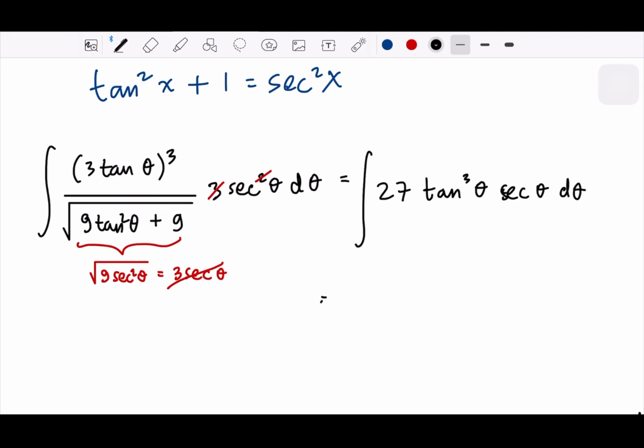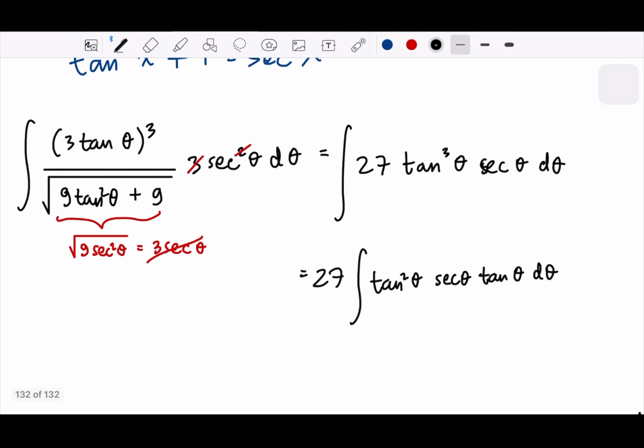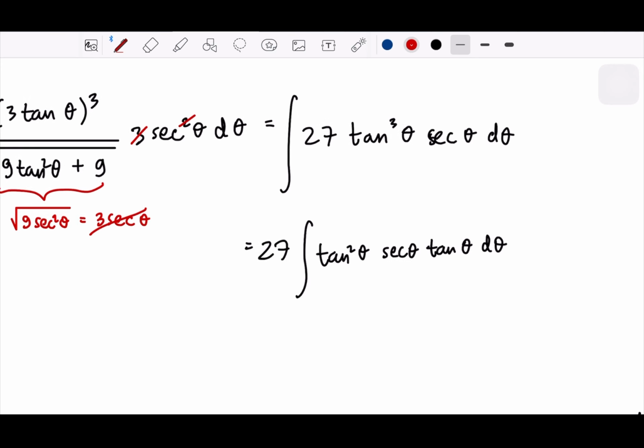So we can rewrite this, and we can change the tangent squared to secant squared minus 1, and we can have perfect cancellations. We can have u substitution for secant. Okay. So if we take u for secant, we can cancel this, and this perfectly becomes secant tangent.